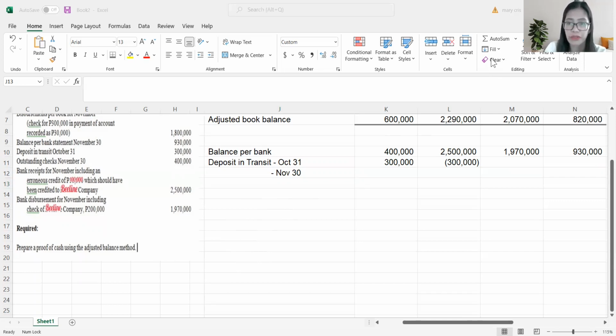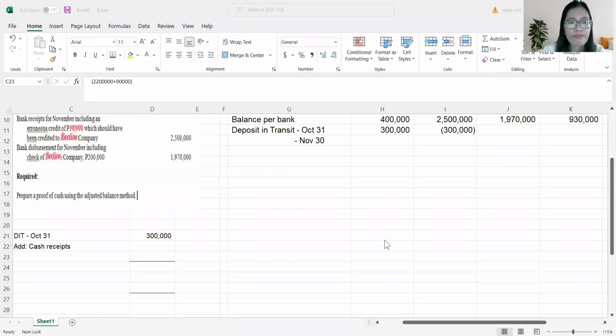So, that's November 30. So how to compute for the deposit in transit at the end of the month? In this case, November 30. So start tayo with the deposit in transit last October 31, which is 300,000.